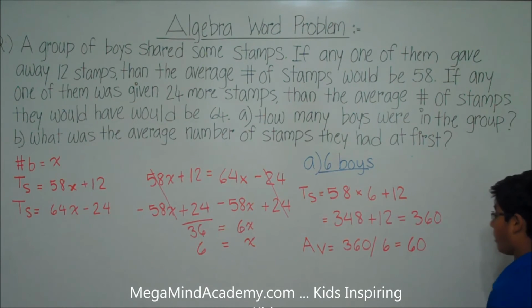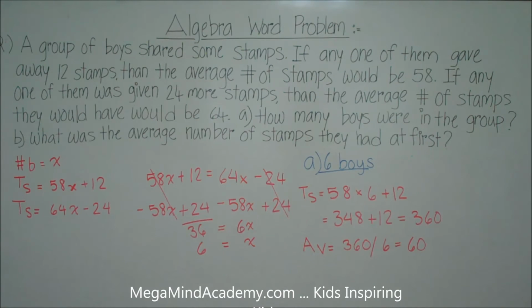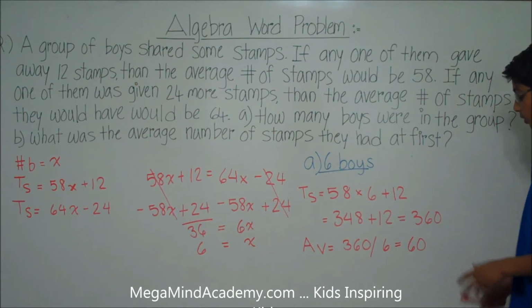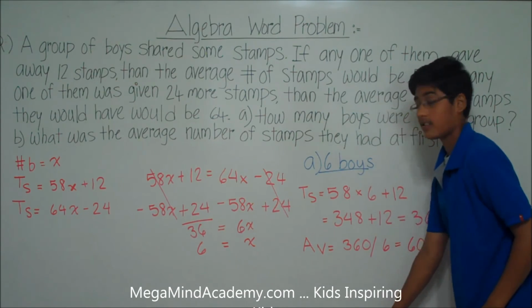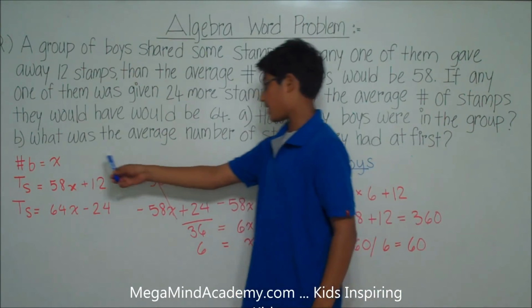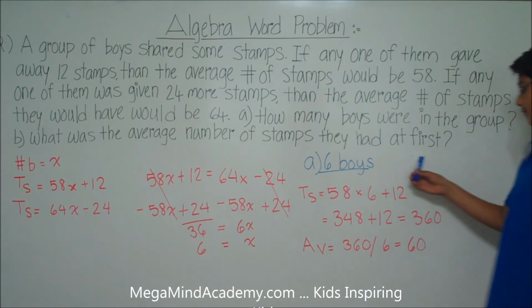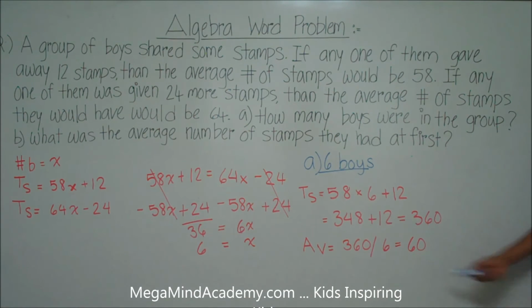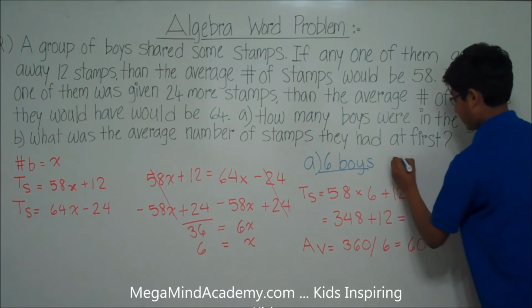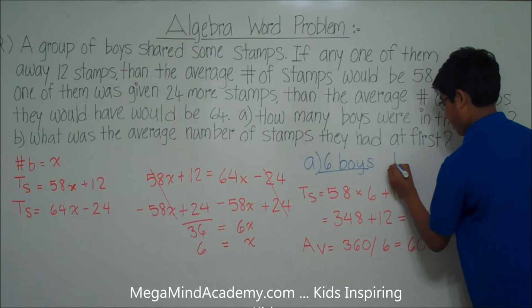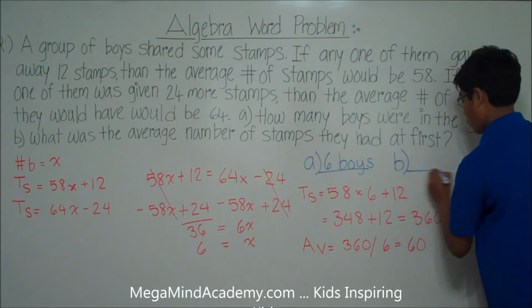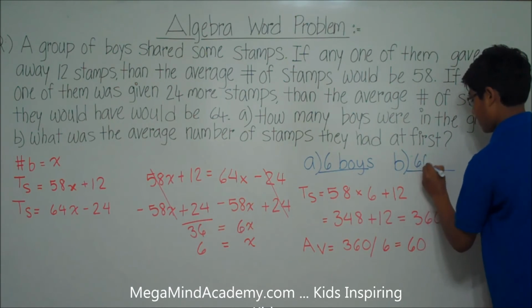So the average number of stamps they had at first was 60. So the answer to question B, which is what was the average number of stamps they had at first, is equal to 60. So the answer to question B is 60 stamps.